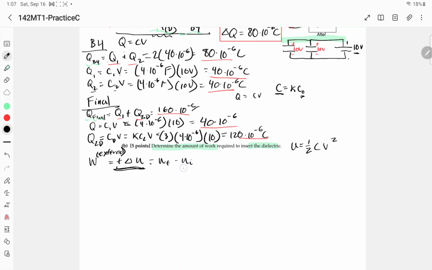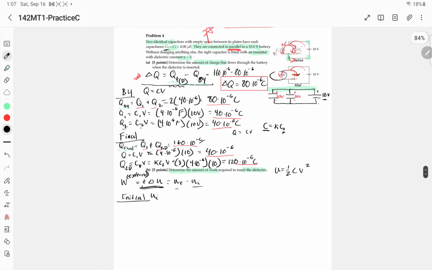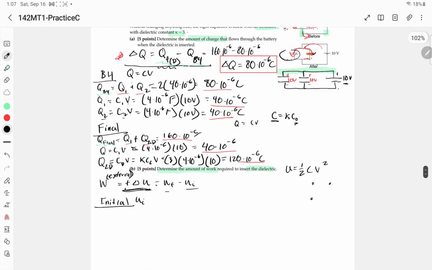So again, we have to consider what's initial and what's final, right? So let's look at our initial states for U initial. There are 2 capacitors working initially, right? I want us to think back to our past work problems or weekly problems where we had multiple point charges and they're all doing some potential on each other, right? And the total potential was adding them all, right?